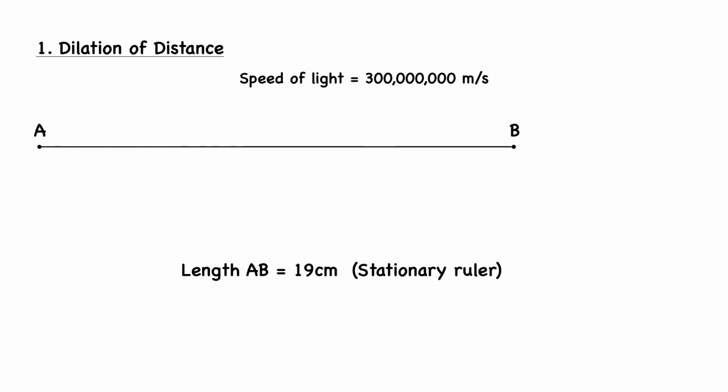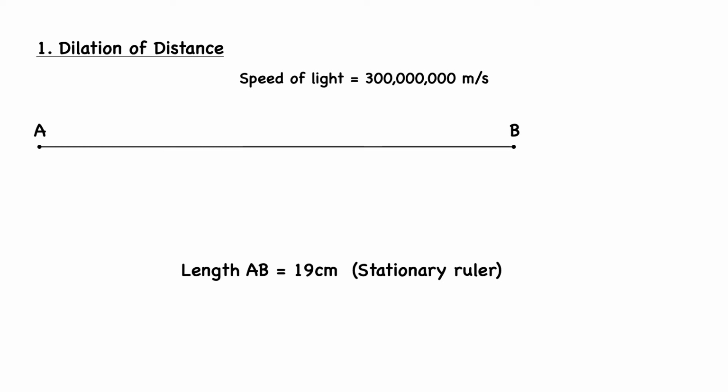For the purposes of illustration, I'm going to choose a speed of 2/3 that of the speed of light for a second ruler, so that's 200 million meters per second, and unfortunately that makes it rather difficult to read the scale when the ruler's moving that fast.